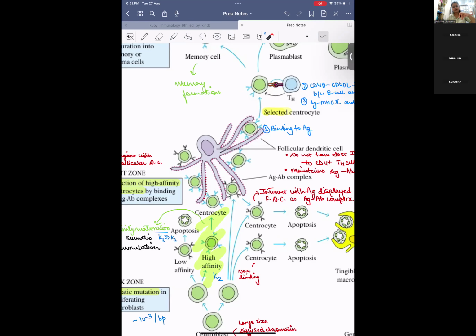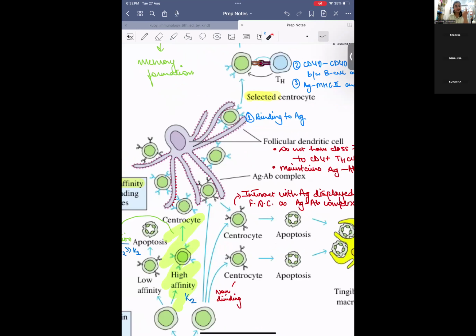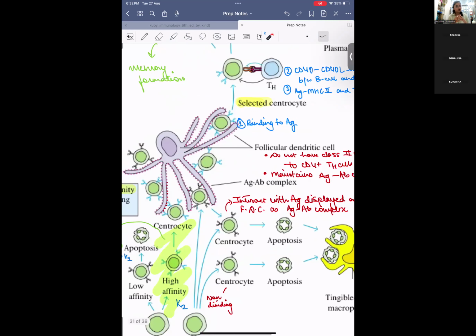So it's like elaborate processes where antigen is presented on its surface. Whichever centrocyte binds to the antigen that is being presented gets the chance to stick to this follicular dendritic cell, and that is how the selection for these high affinity centrocytes is happening.